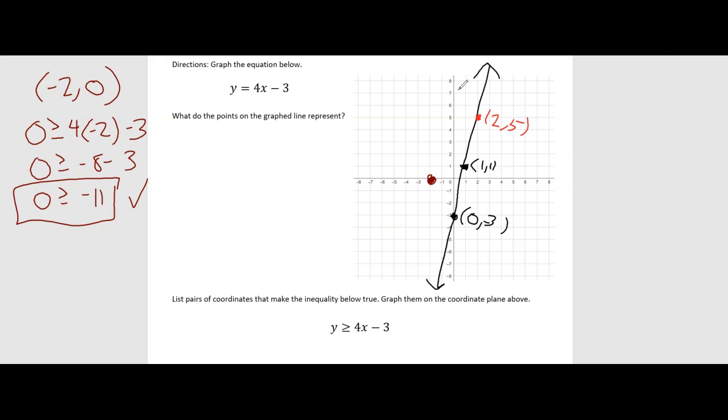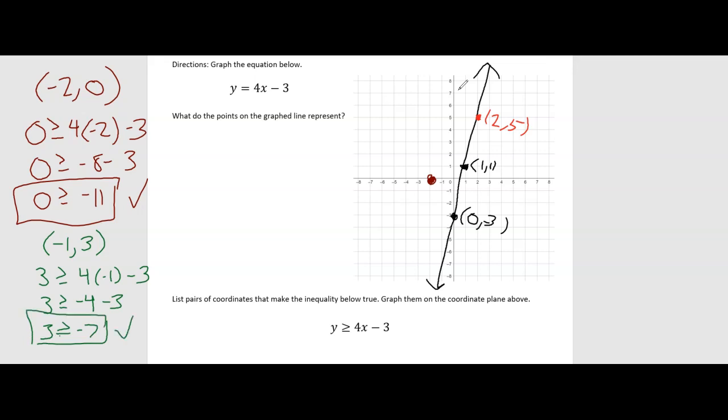Let's choose -1, 3. So I get 3 is greater than or equal to 4 times -1 minus 3. I get 3 is greater than or equal to -4 minus 3. And I get 3 is greater than or equal to -7.